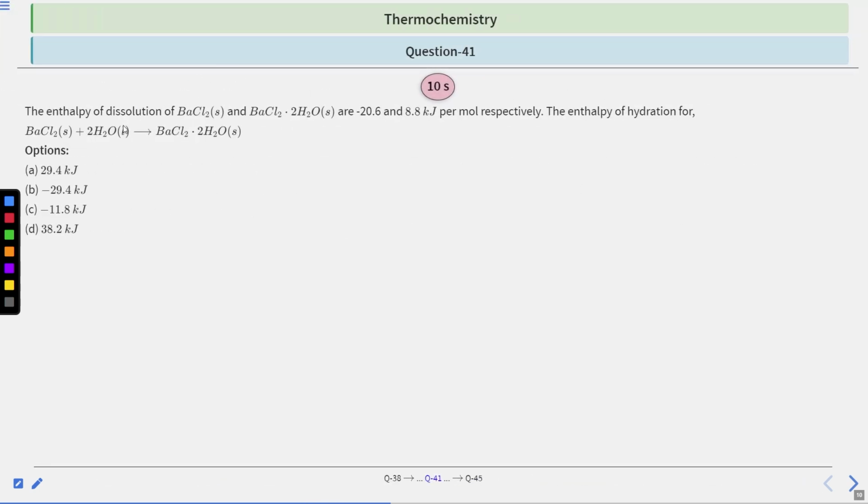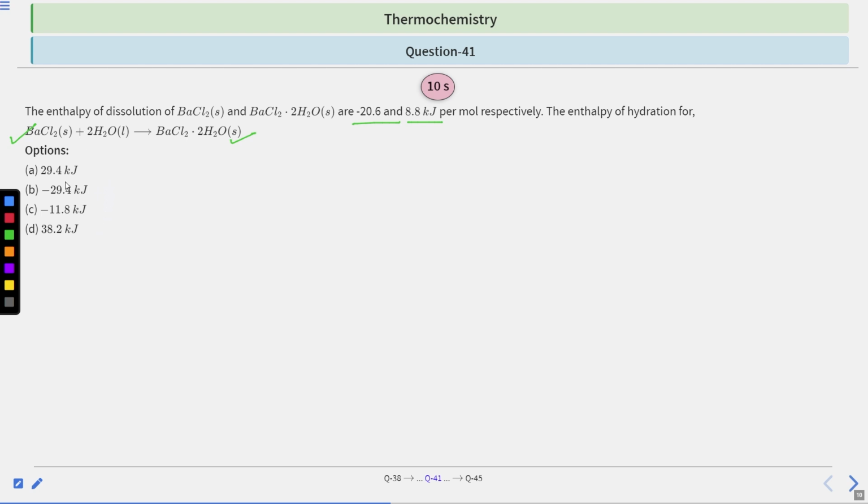Question number 41. The enthalpy of dissolution of BaCl2 and BaCl2.2H2O are minus 20.6 and 8.8 kilojoule per mole respectively. The enthalpy of hydration for this reaction, that is BaCl2 plus 2H2O giving BaCl2.2H2O, we have to find the enthalpy of hydration for BaCl2 following this reaction.